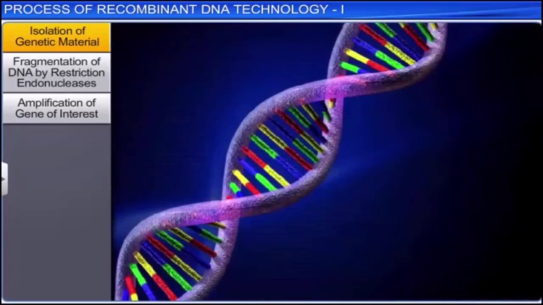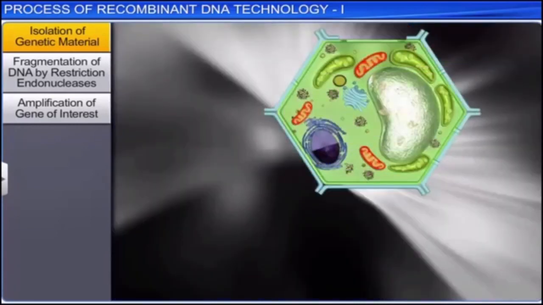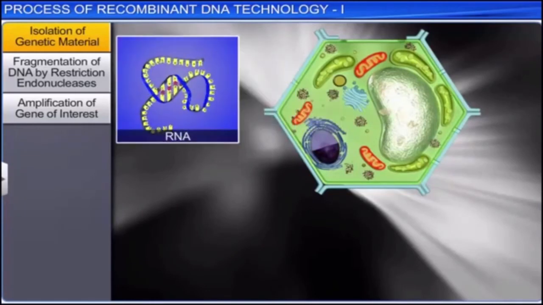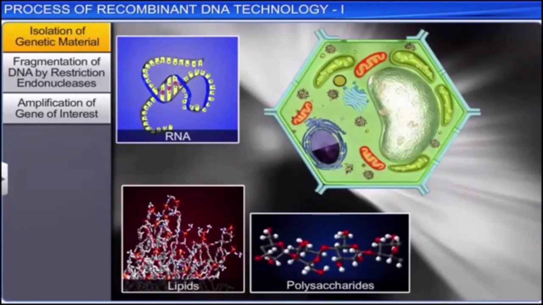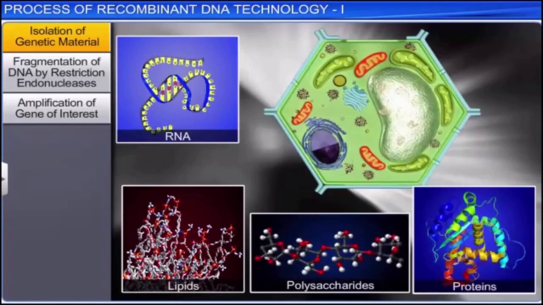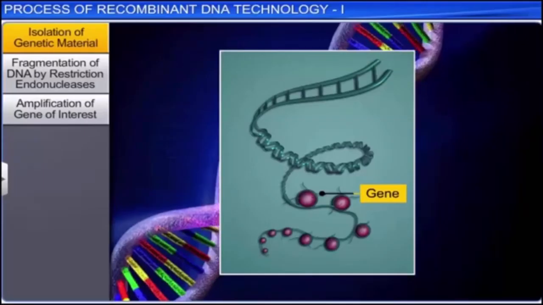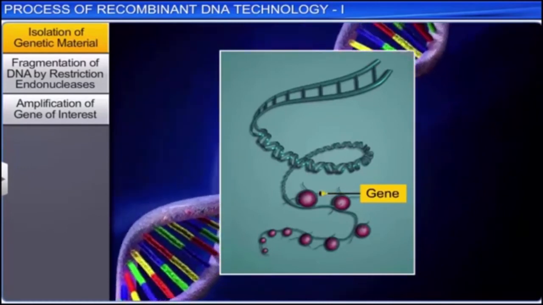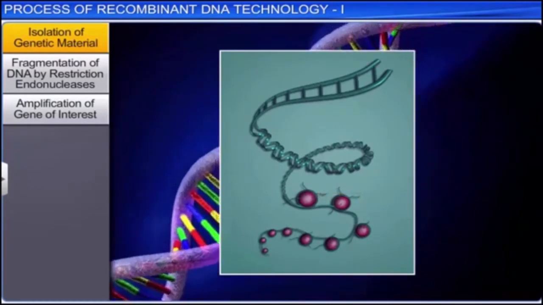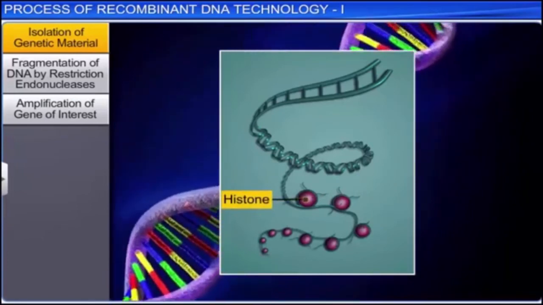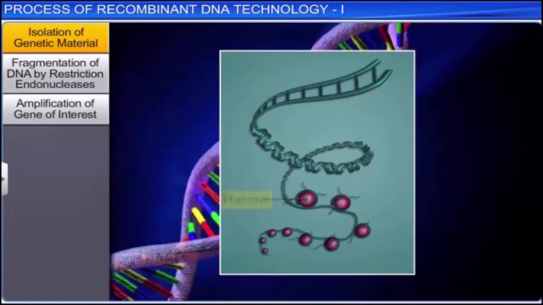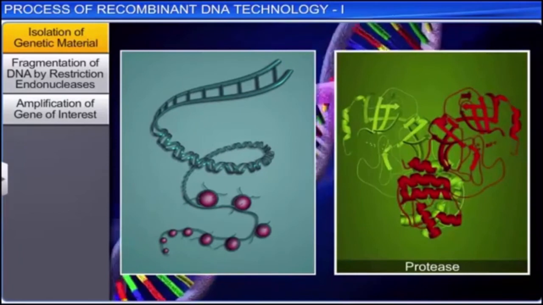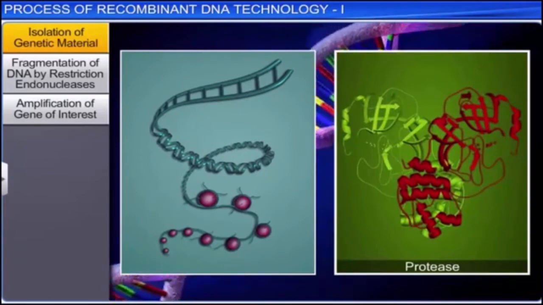DNA is enclosed in the cell membranes along with macromolecules such as RNA, lipids, polysaccharides, and proteins. Genes are located on long chains of DNA which are intertwined with proteins such as histones. These proteins can be removed by treating them with protease, an enzyme used to break down proteins.